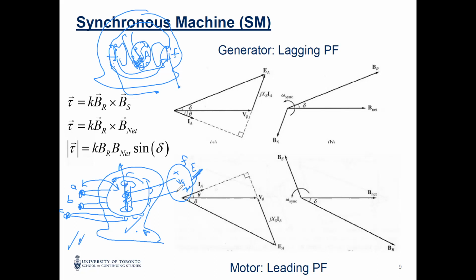You will find something called brushless DC synchronous machines, for example. It means for the excitation, they have the synchronous machine and they put a DC motor to provide the excitation by the DC source.